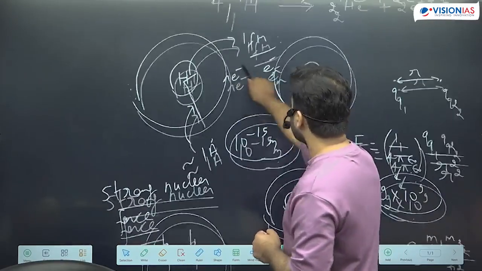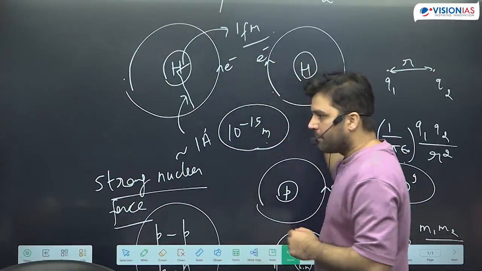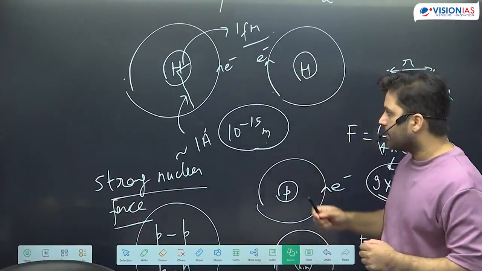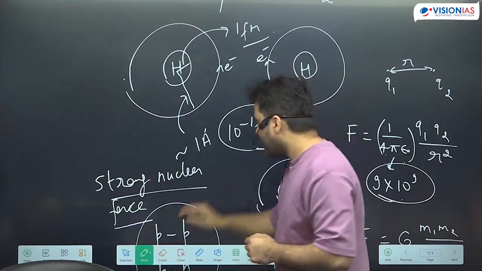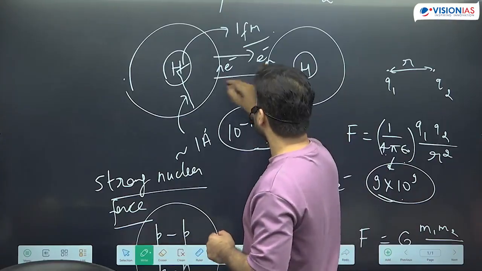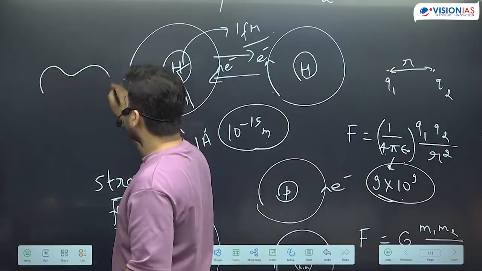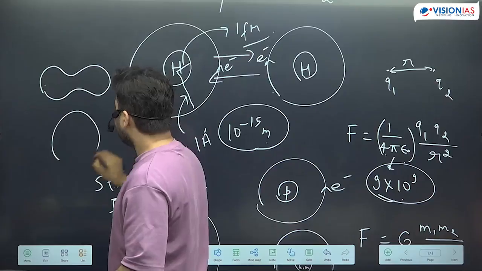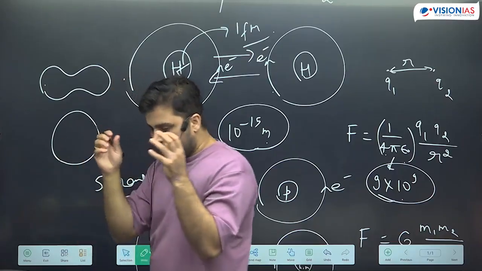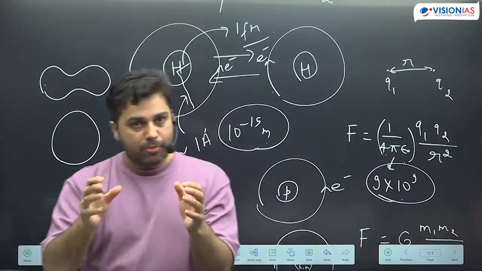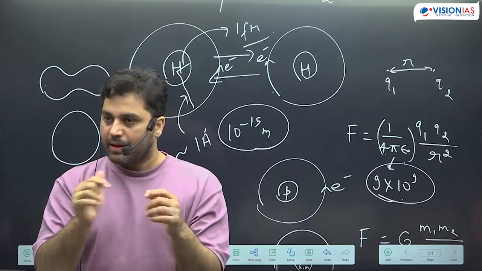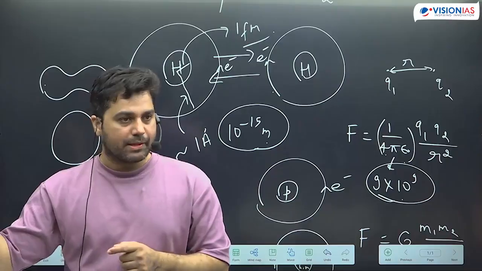You had two hydrogen atoms and nuclei trying to fuse together. So despite this very powerful electromagnetic repulsion, they kept coming. And now they form a structure, something like this. And finally, when they are very close in the range of a few femtometer, now strong nuclear force will start operating.